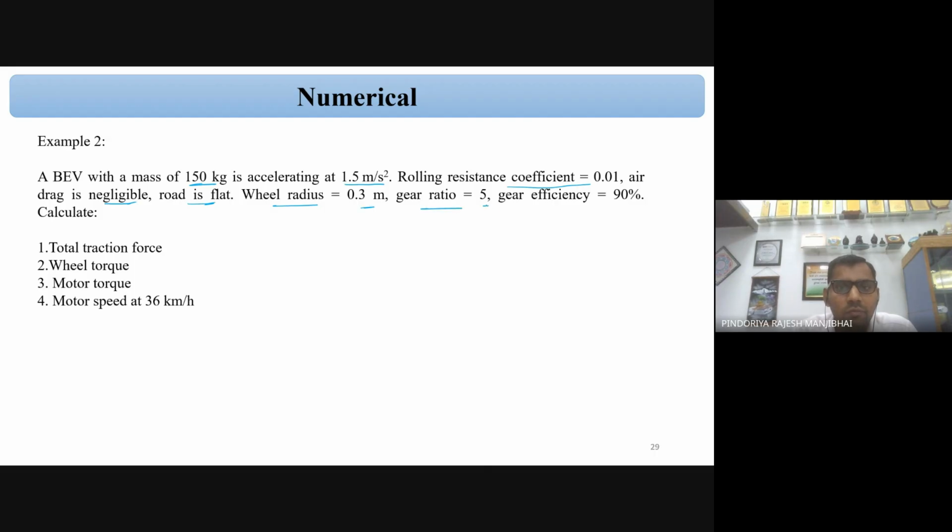Gear ratio is 5. Gear efficiency is 90%. Calculate the total traction force, wheel torque, motor torque, and motor speed at 36 kilometer per hour. So we have to calculate these parameters.